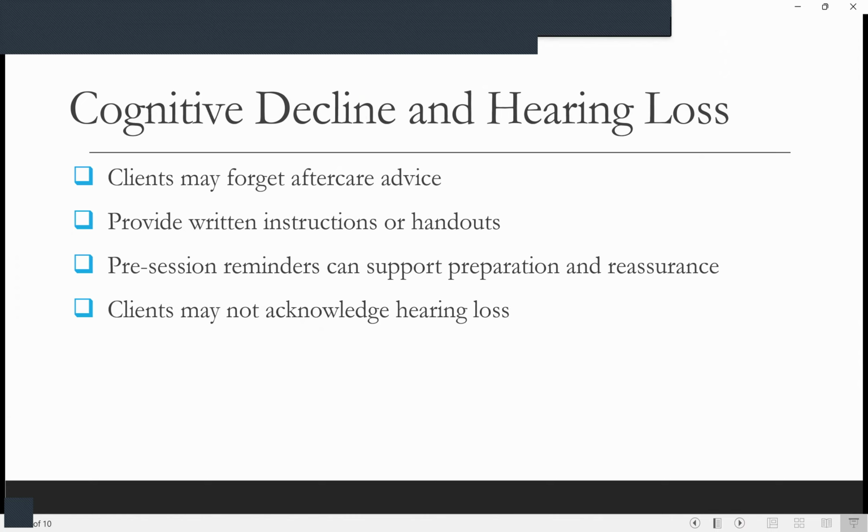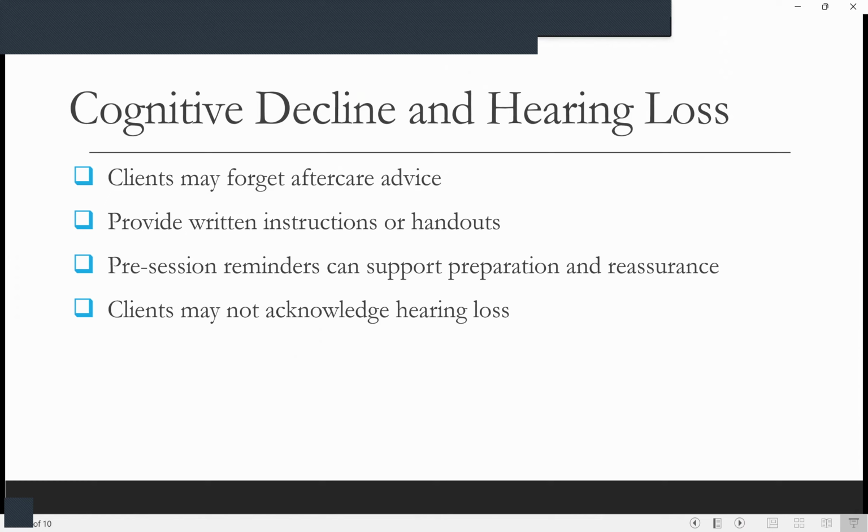Cognitive decline and hearing loss. Clients may forget aftercare advice, so it's good for them to have written instructions or handouts. It can be good to just remind them the day before their session so that they don't forget. And hearing loss.